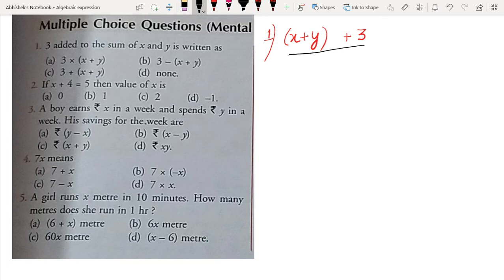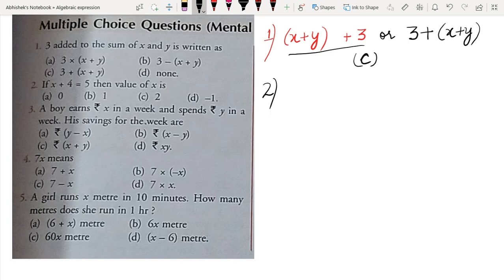We could write x plus y plus 3, but we don't have that in the options, so we will use 3 added to the sum of x and y. So C option is correct.